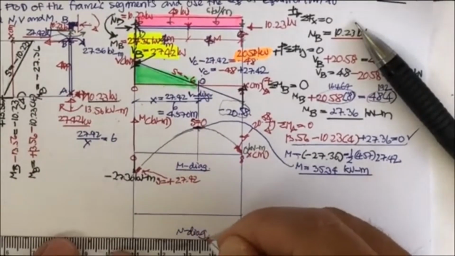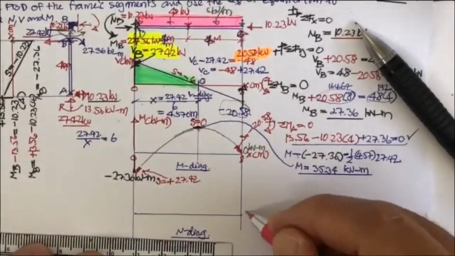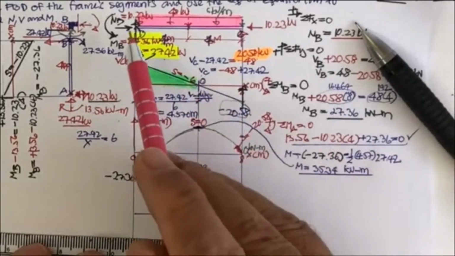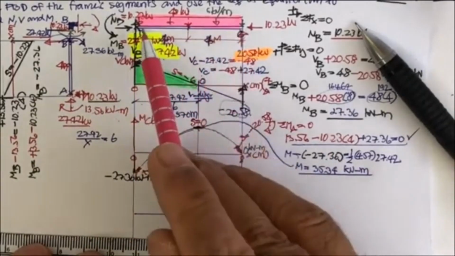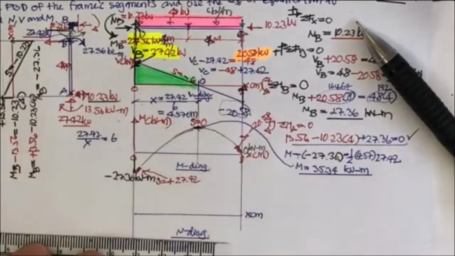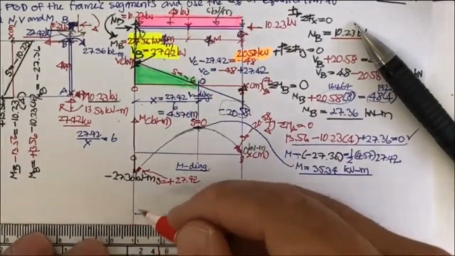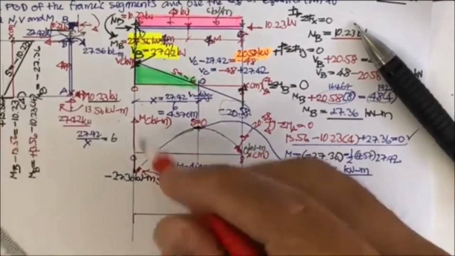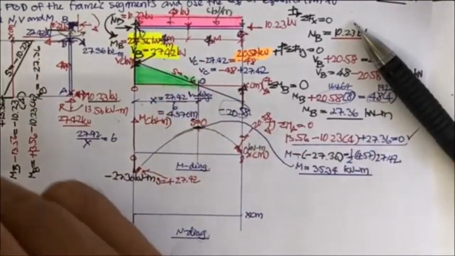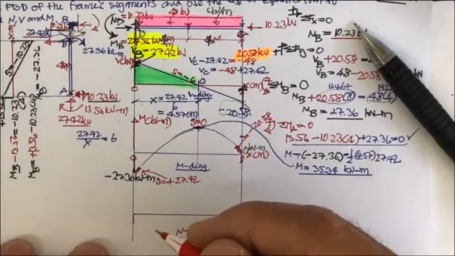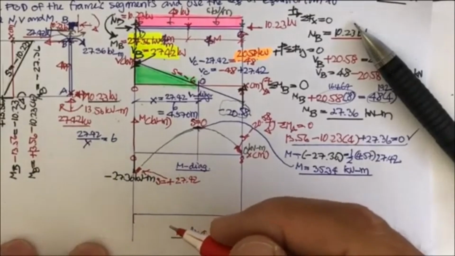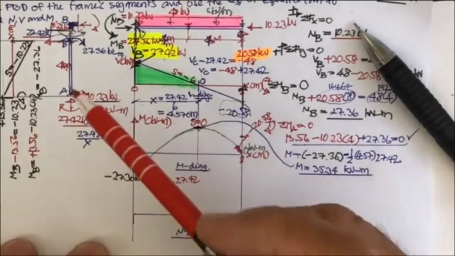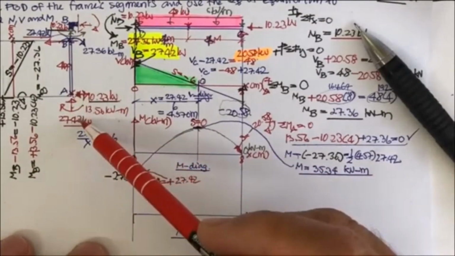And you may see, if this is X meter, the force acting in this member is again compression, so it's going to be downward. Compression of what? 10.23, the same as before. This is going to be in compression. Unlike previously, the column is in compression of 27.2.